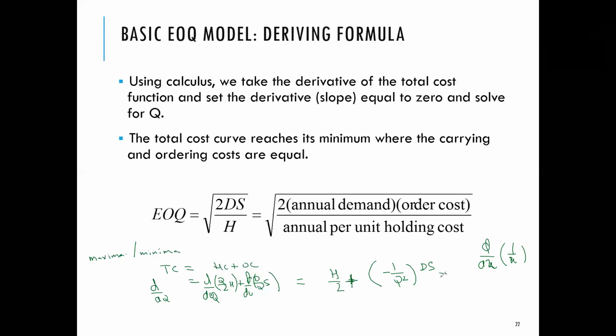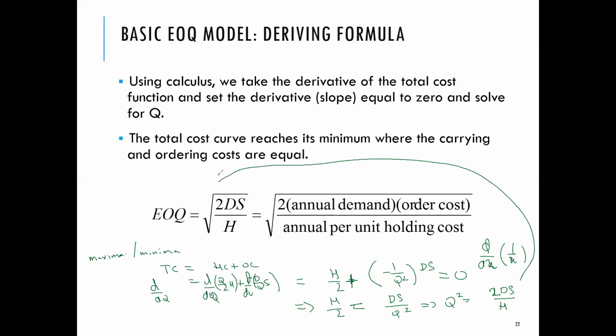Okay, so basically then we set this equal to 0, because the maximum or minimum would be found when we put this equal to 0. And then you solve for Q. So basically this will be H over 2 is equal to DS by Q square, which means if I solve for Q, Q square is 2DS by H, and then I just take the square root, and it will bring us to this equation.